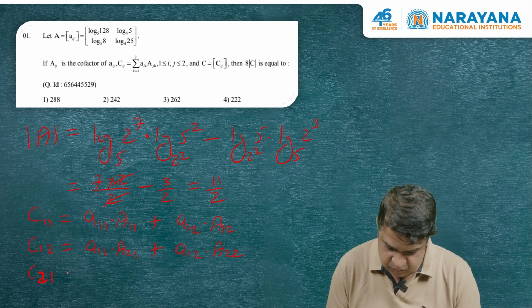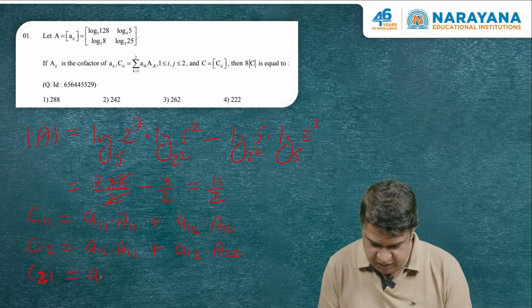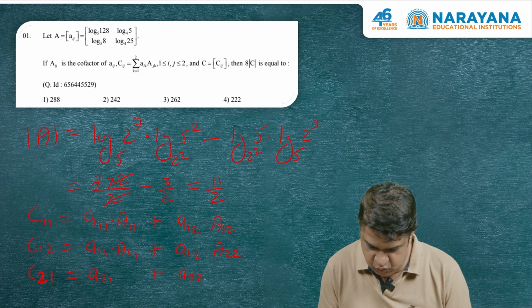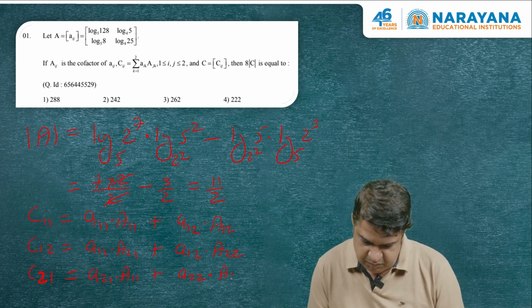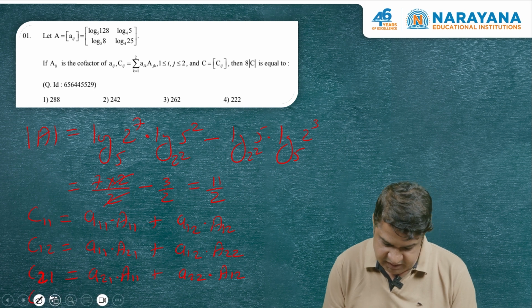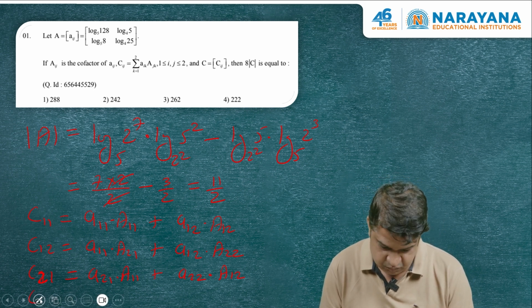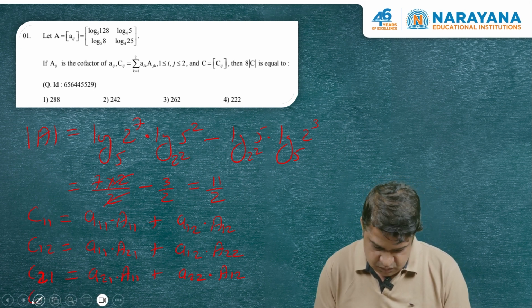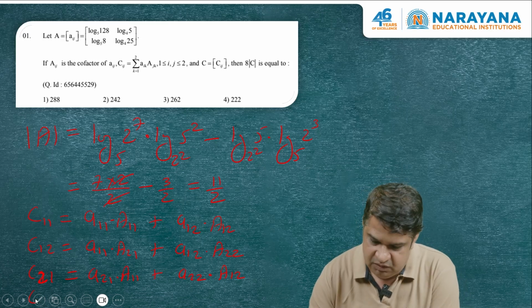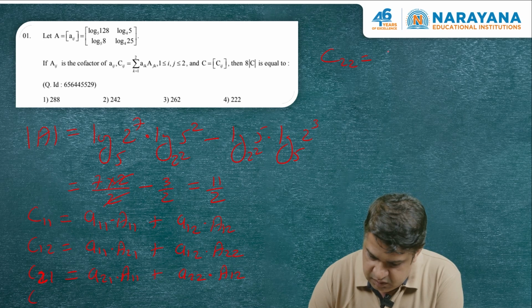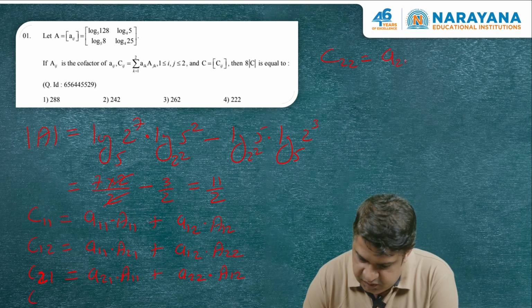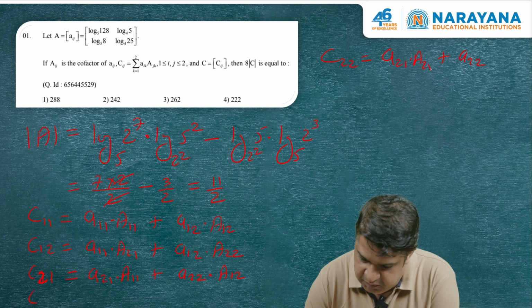C21 is A21 plus A22 multiplied with capital A11 capital A12, and finally C22 is A21 plus A22 multiplied with capital A21 capital A22.